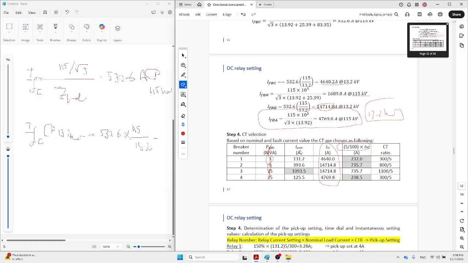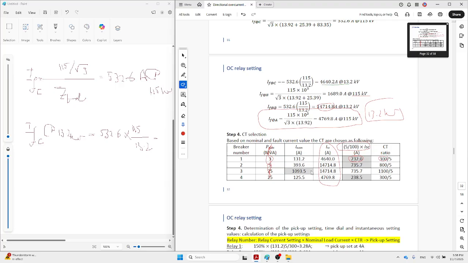For the nominal current of 130 something, the short circuit without saturation is 200 something. Since we have no CT of 250, as mentioned, the CT value must be an integer multiple of 100. We must choose 300 to 5. For this one, 393 and 735, we should choose 800 to 5.